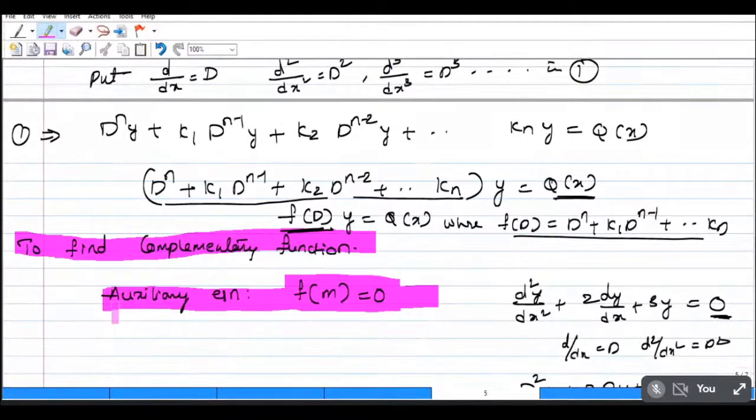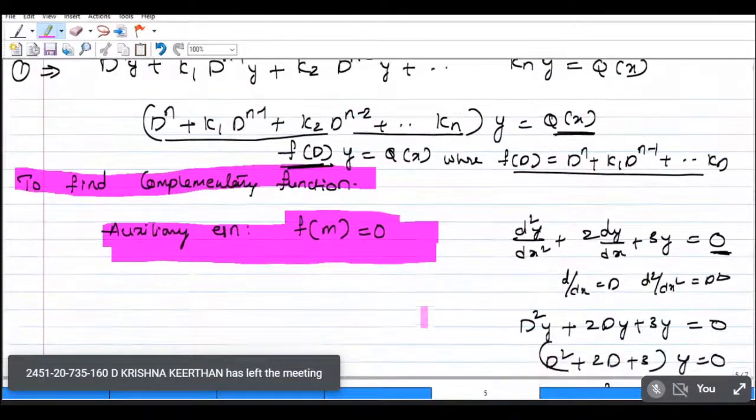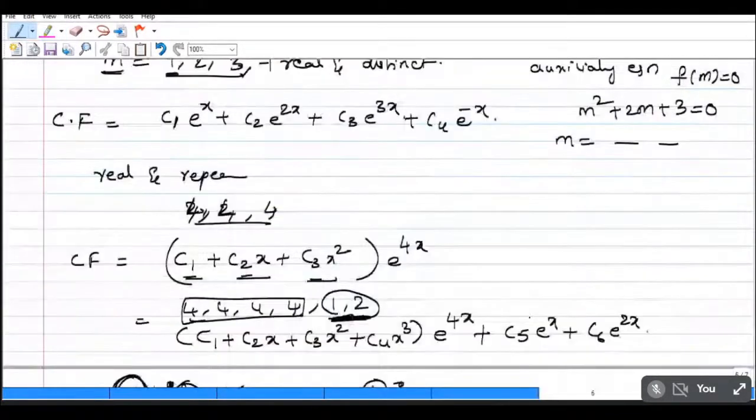Completed up to here? Yes, ma'am. Now write down and then find the roots of the auxiliary equation.